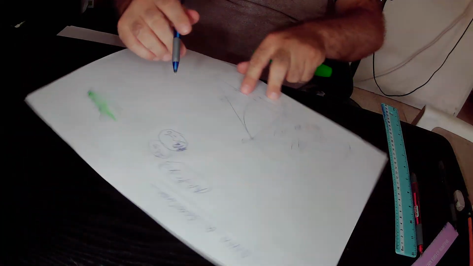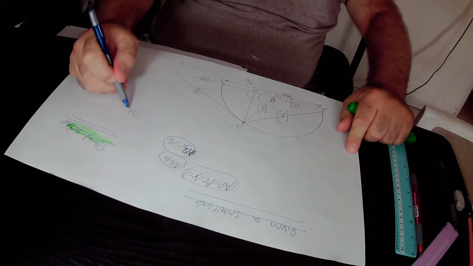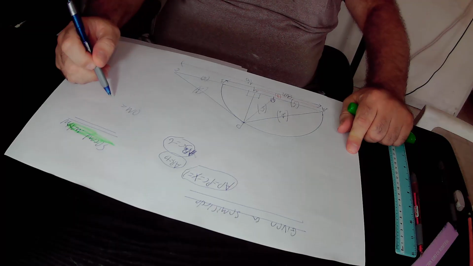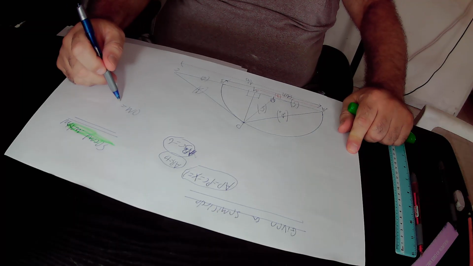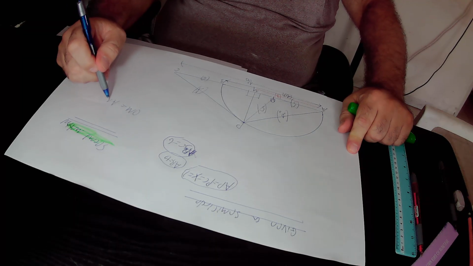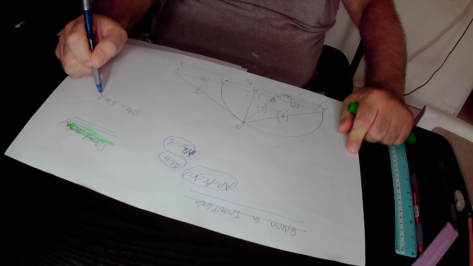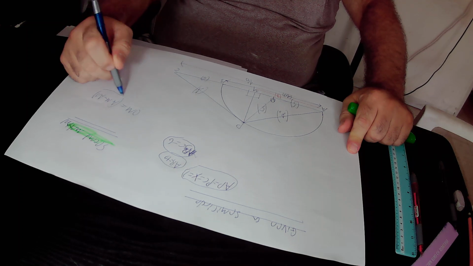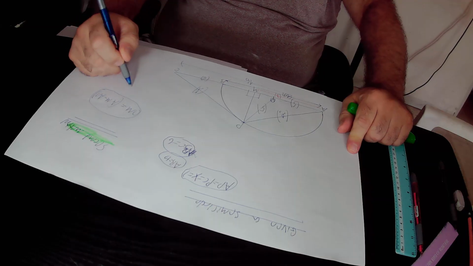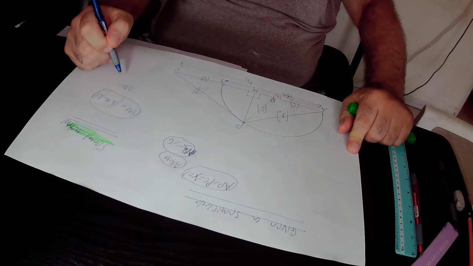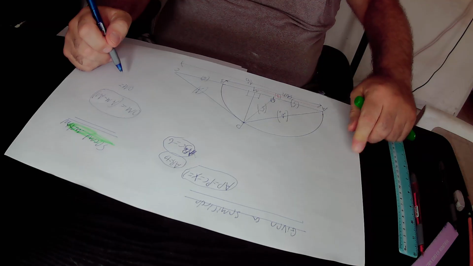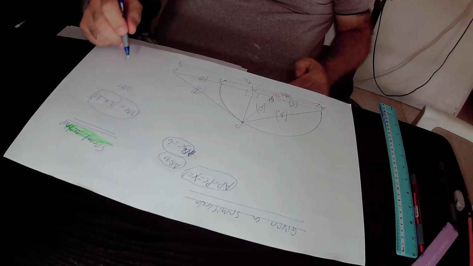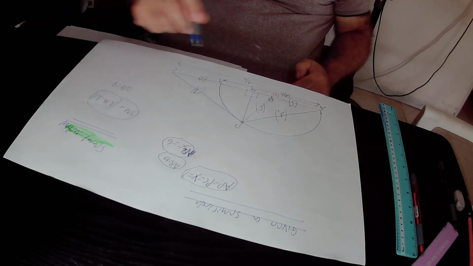So OM equals AM minus AO. AM equals 8 units in its length, minus AO.